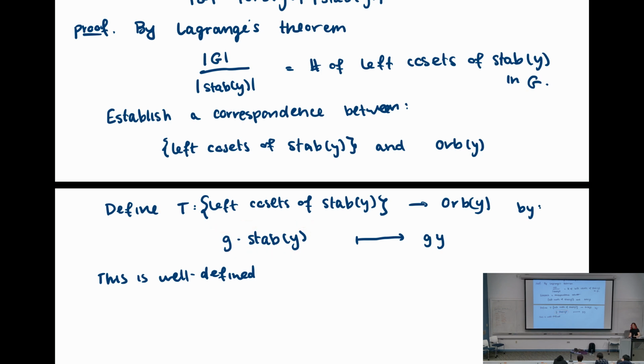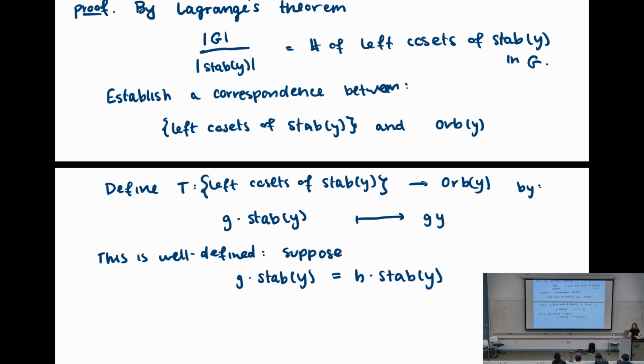I could have written it as G times Stab Y, but there may be another H such that this is equal to H times Stab Y. So let's suppose this is the case. Then we need to show that GY is equal to HY, right?